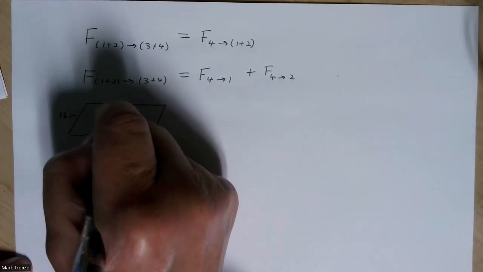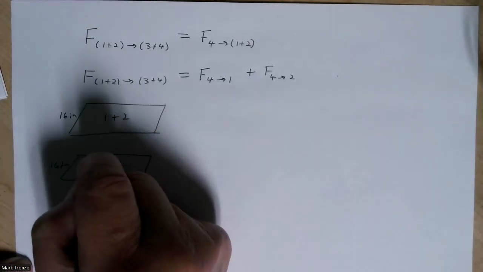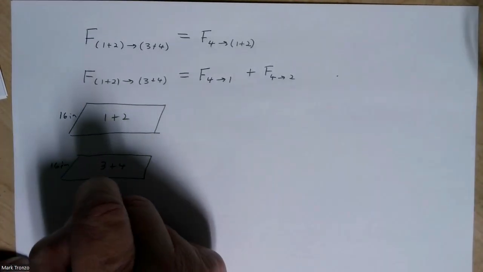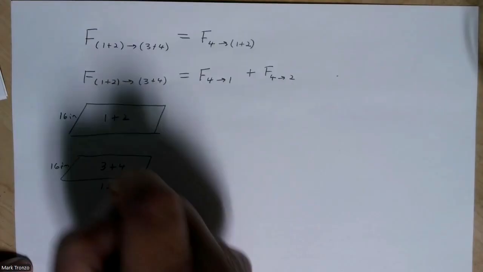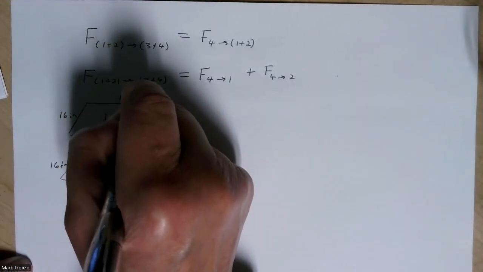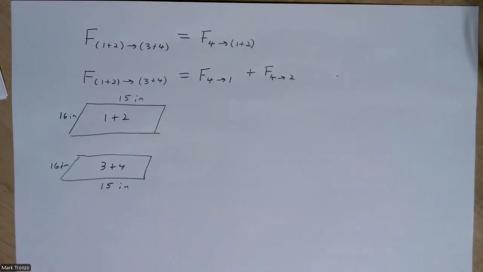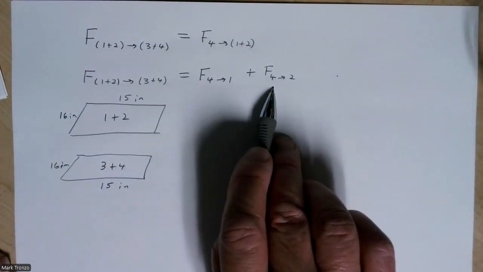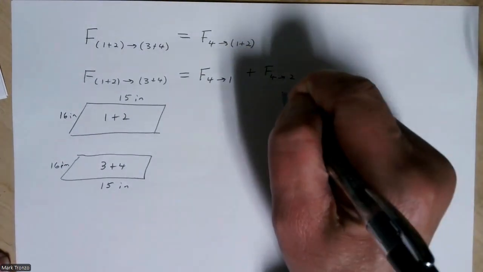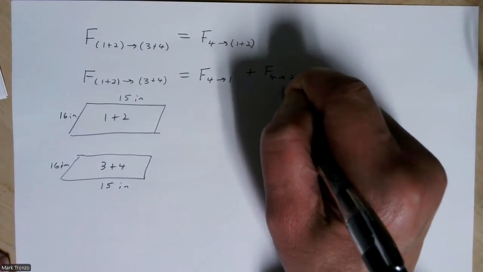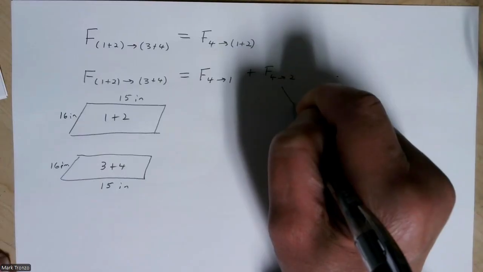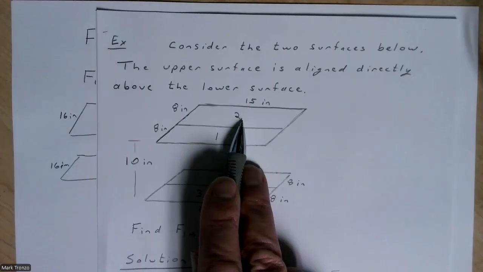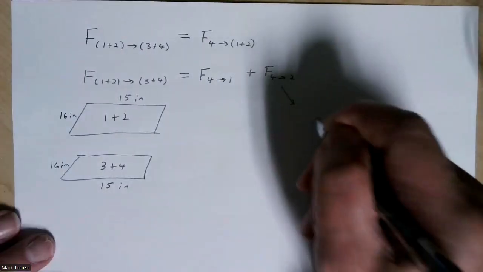And this is 1 plus 2 up here, 3 plus 4. And what they were, 15 inches wide like this. So that's going to be this side over here. Then over on this side here, what is this going to be? This is the one we're going to be able to find. So we're going to put 2 up above and 4 below.